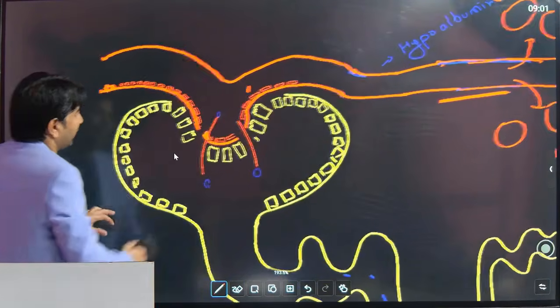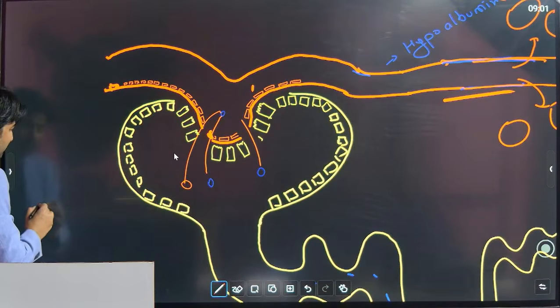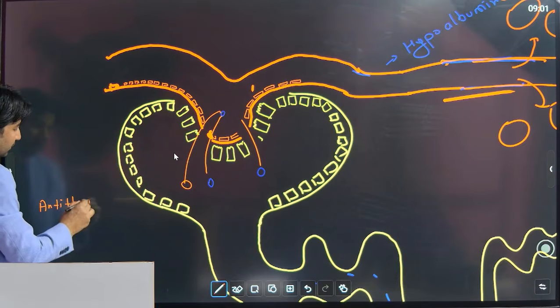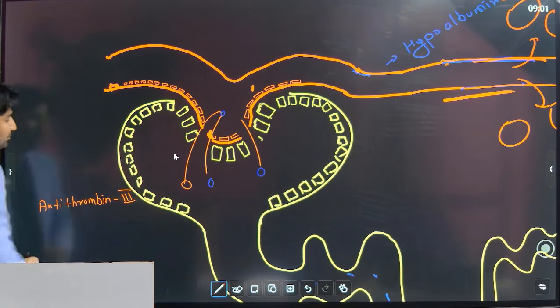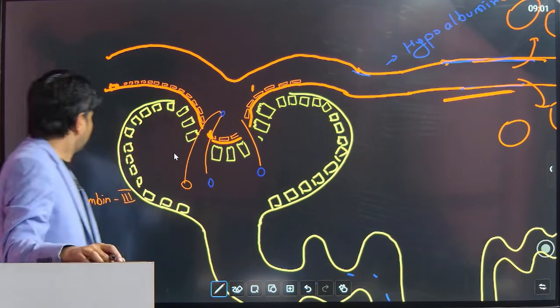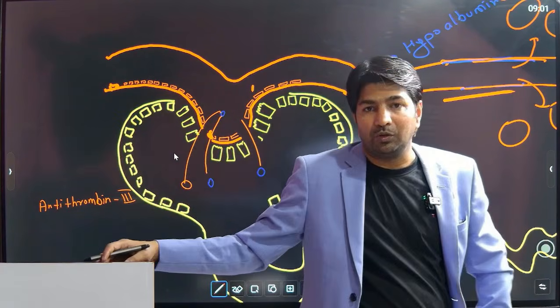So, what will happen in this case? Besides this, other things also leak out, including antithrombin 3 protein. This antithrombin 3 mostly prevents clotting within the blood.